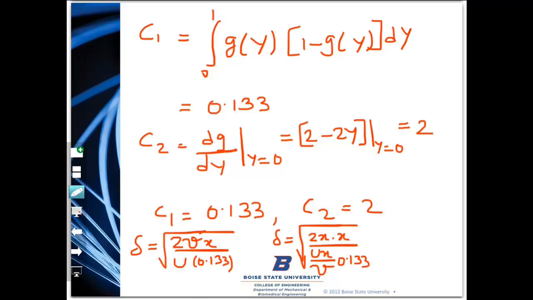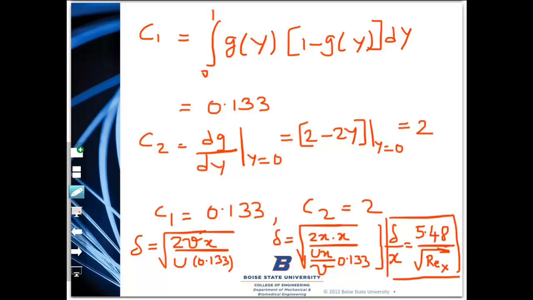You can see that this is your Reynolds number, and if I do 2 over 0.133 and take the square root and simplify, the square root of x squared is x, so on the other side I get delta over x as 5.48 divided by square root of the Reynolds number, which is based on your x along the flat plate. Okay, so this is your final answer in this problem.